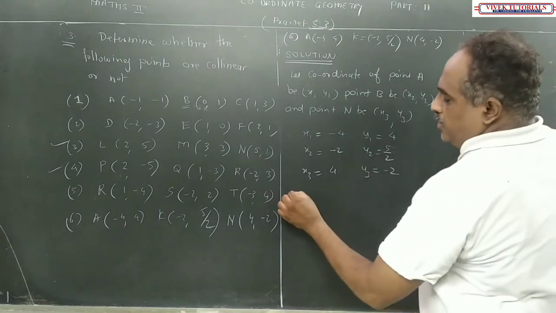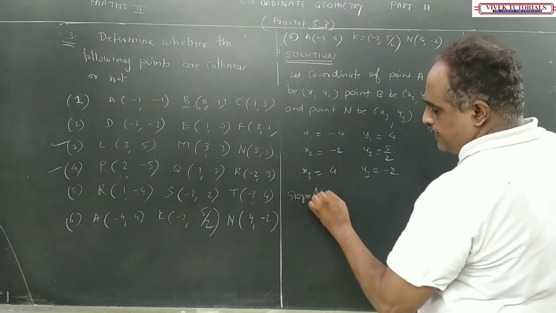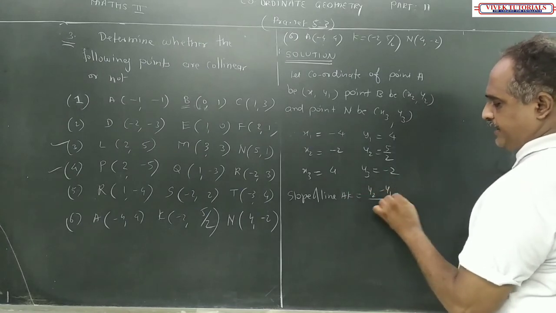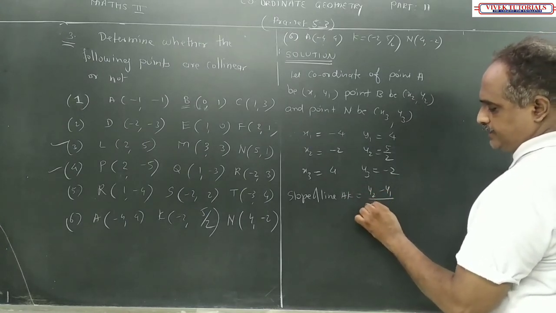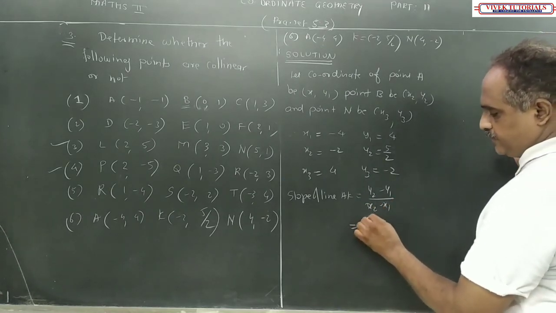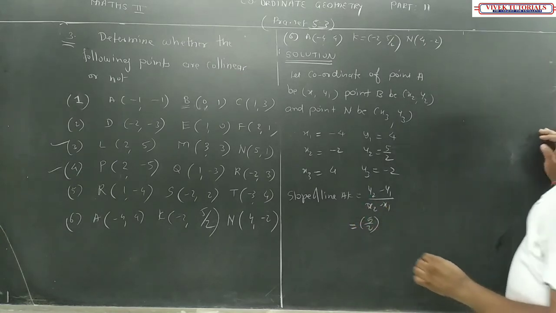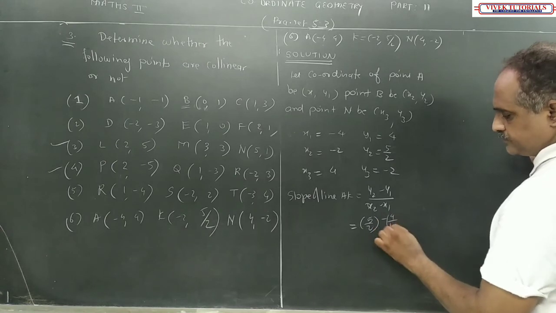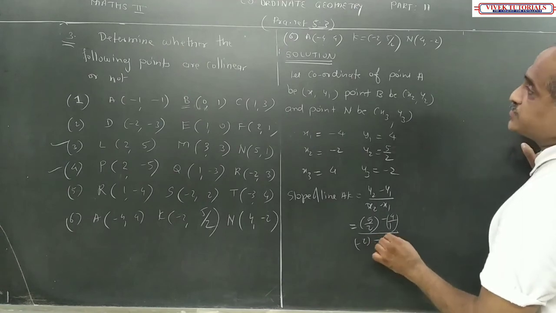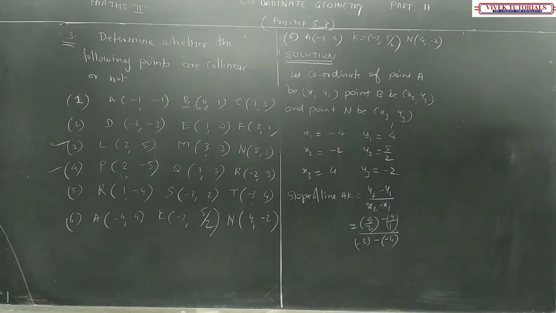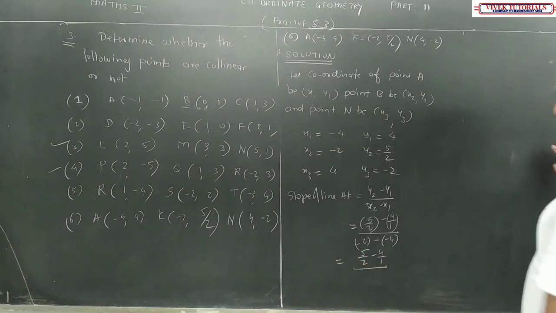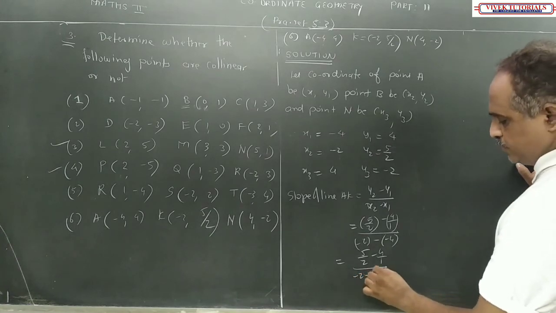Now, the slope of line AK is equal to again (y2 - y1) upon (x2 - x1). y2 is 5/2 and y1 is 4, that is 4/1. x2 is -2 and x1 is -4. So what you are getting is 5/2 minus 4/1 upon -2 plus 4.